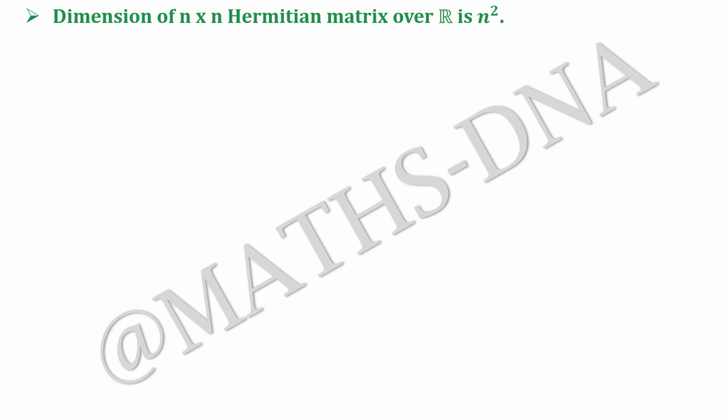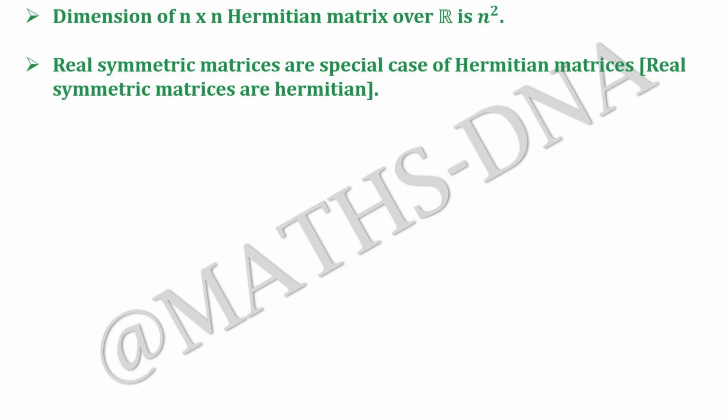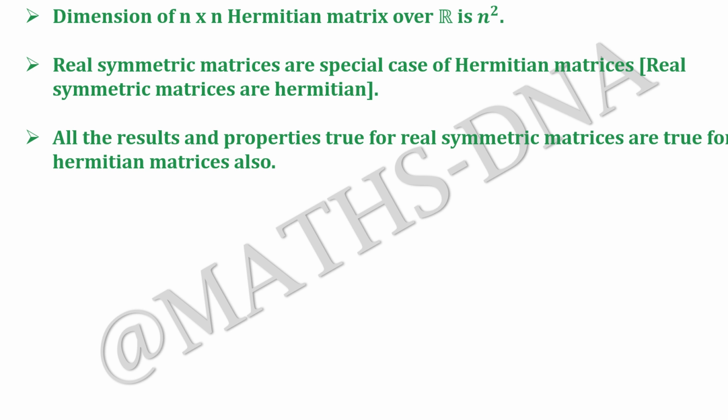Moving on to some properties, the dimension of the n cross n Hermitian matrices over R, the set of real numbers, is n square. And real symmetric matrices are a special case of Hermitian matrices, or you can say real symmetric matrices are Hermitian matrices also. Then all the results and properties true for real symmetric matrices are true for Hermitian matrices also, and you can watch the video in the comment up there.